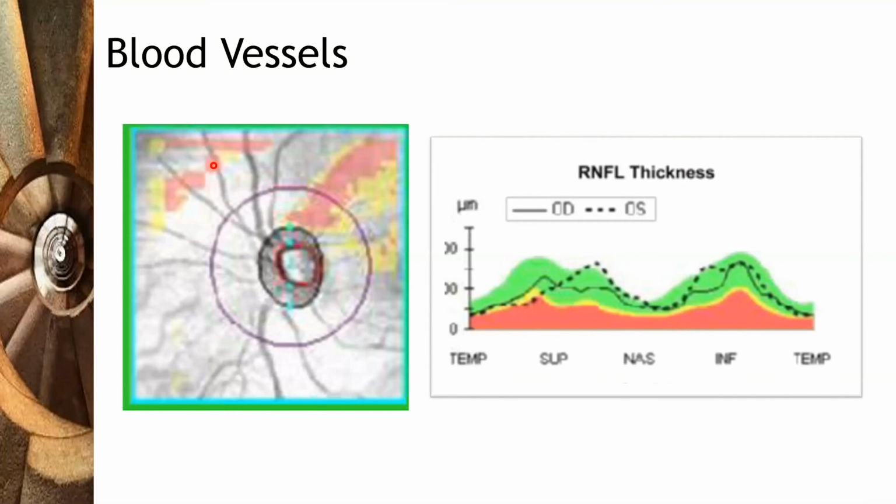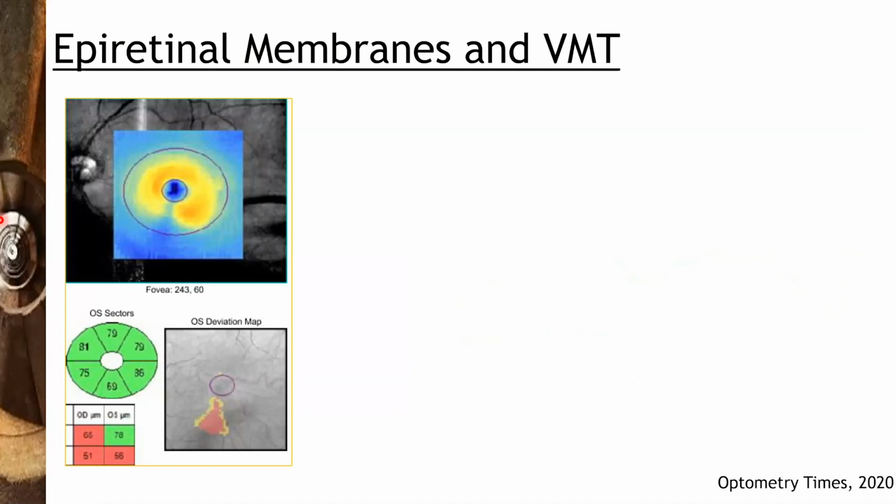It makes this eye look incredibly asymmetric, yet it's asymmetric more because of the situs inversus that we're seeing in the left eye. So start looking carefully at your blood vessels and their positioning as well when you look at your deviation maps and thickness maps.